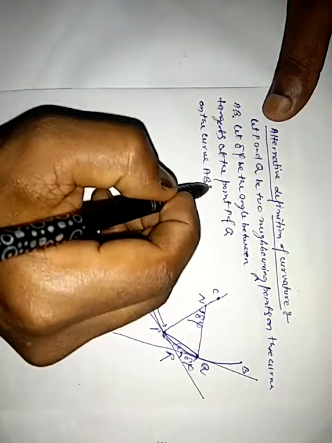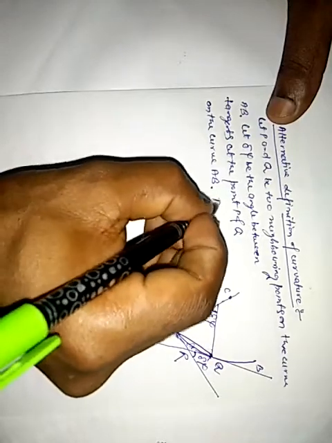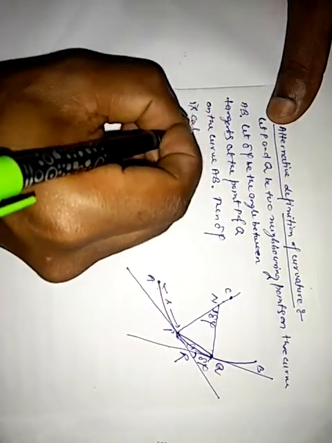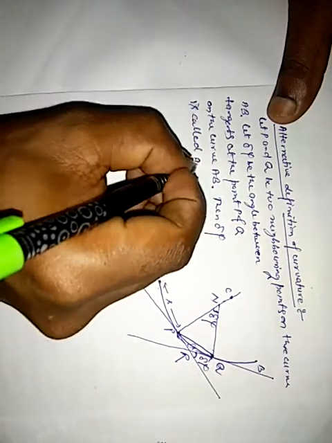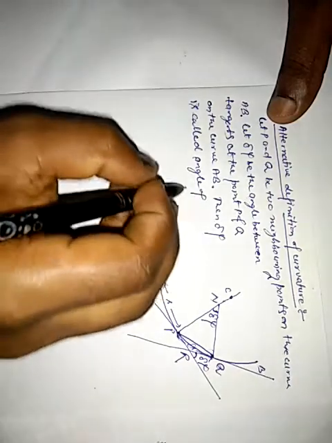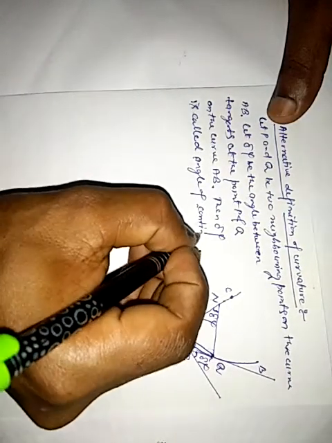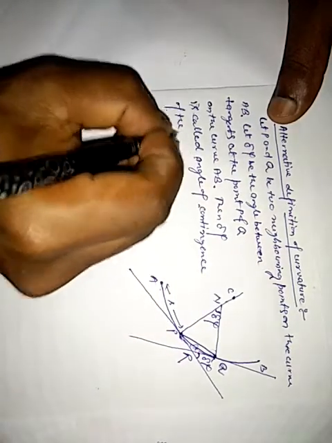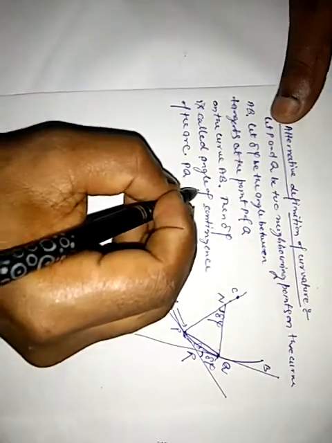Then delta psi is called the angle of contingence of the arc PQ.